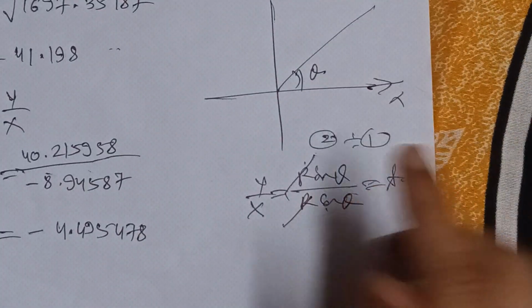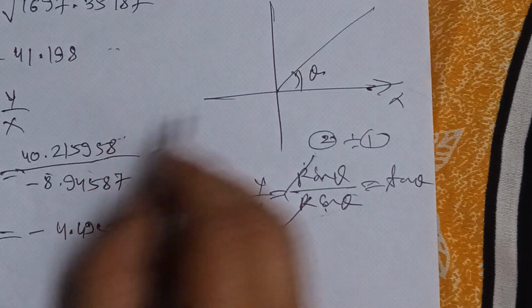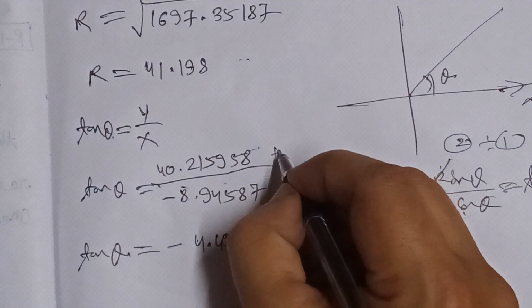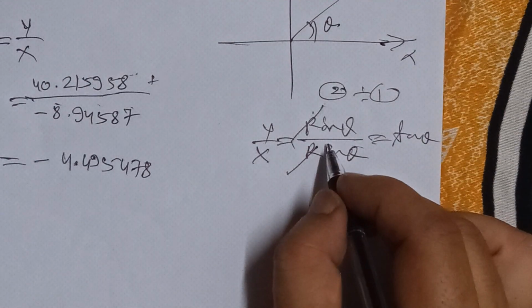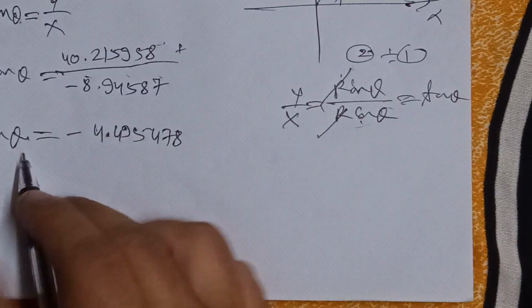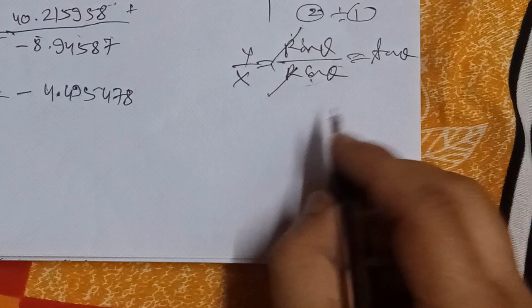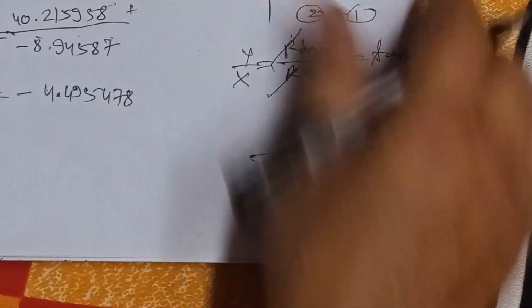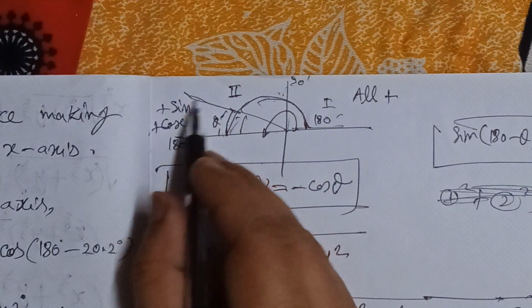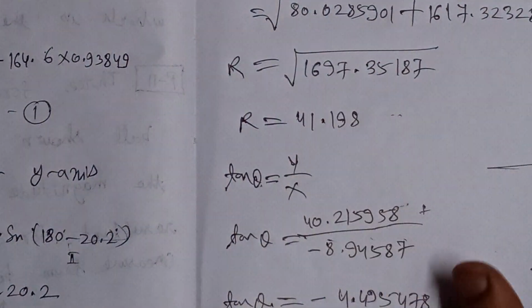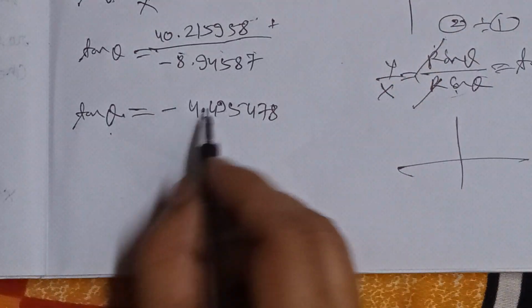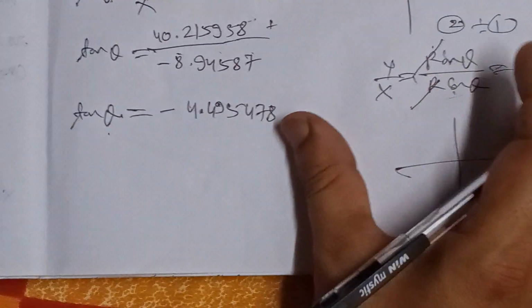Because here the value of sine is plus while the value of cosine is minus, this value of theta lies in the second quadrant, because in the second quadrant sine is positive and cos is negative, so tan is negative. Because tan is negative, this value will lie in the second quadrant.